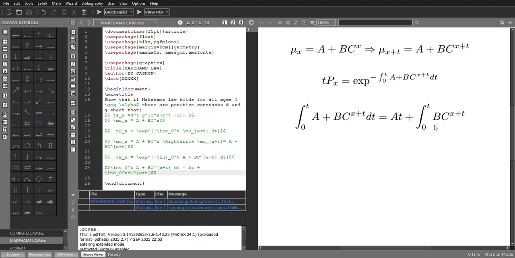Here b is a constant and c raised to x is a constant, so we will have to integrate c raised to t, and when integrating this we will have these constants multiplying c raised to t over log c.